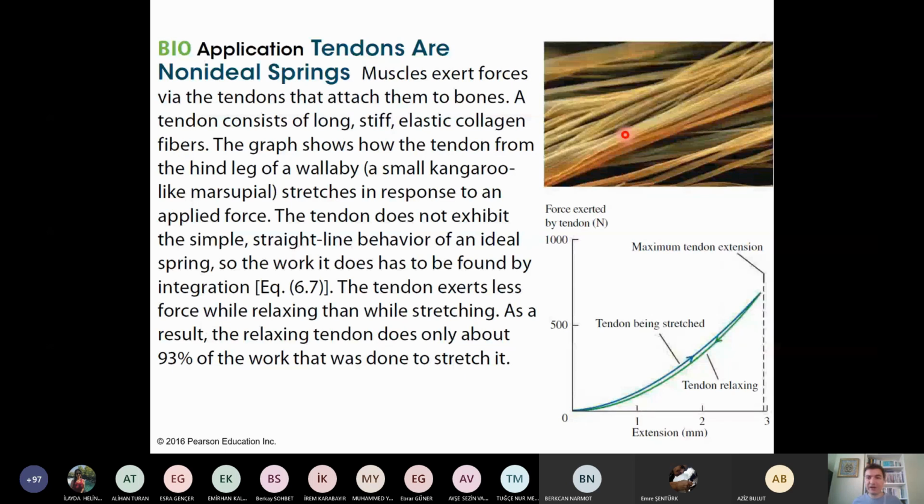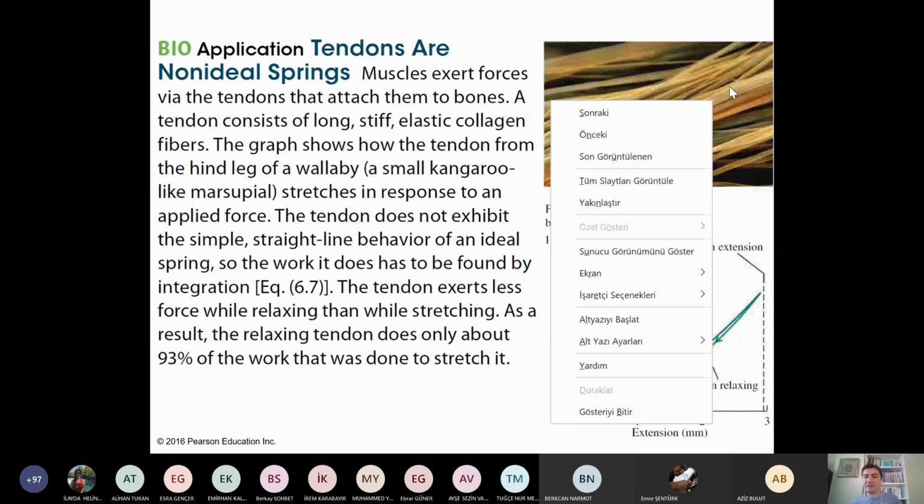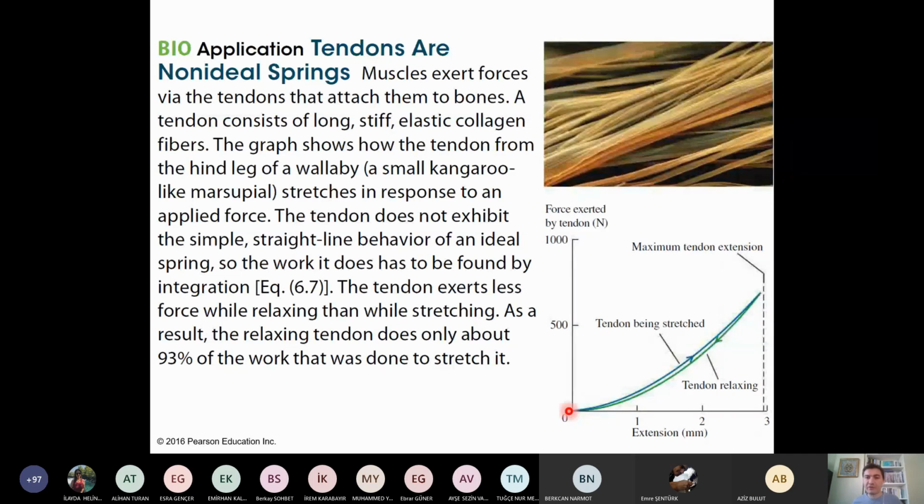So here we have a graph. What is the graph? Extension of the fibers, extension of the tendons, okay? So this is, let's say, the initial length of the fiber, and then muscles exert forces on these tendons, and the length of the tendon increases, okay? So this is the extension, and this is the force exerted by the tendon, okay?